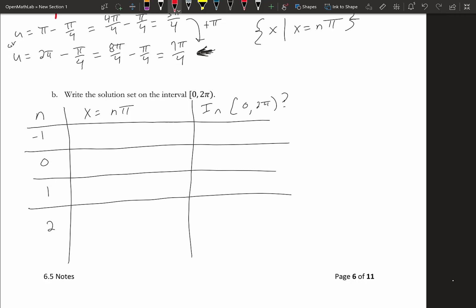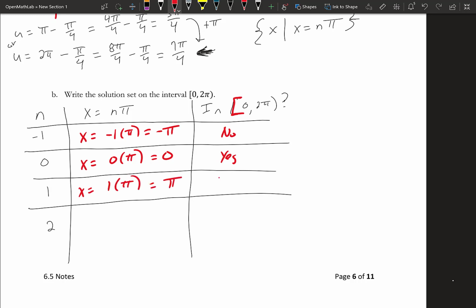If I plug in -1, that would be x equals -1 times pi, which is just negative pi. So that would be a no, it's not in there. This would be x equals 0 times pi, which is just 0, and that is in there, because this is including 0. If I put in 1, that would be x equals 1 times pi, which is pi, and that's in there.